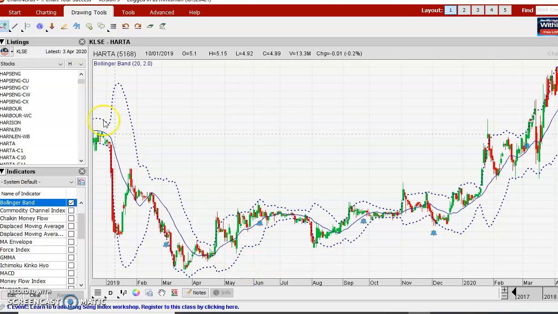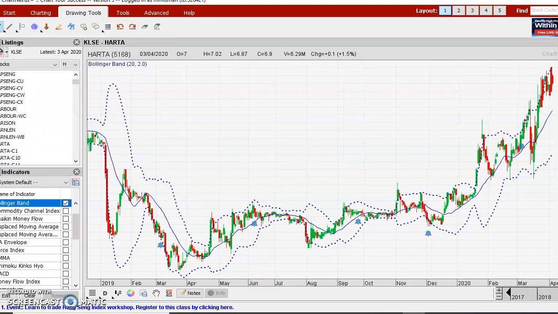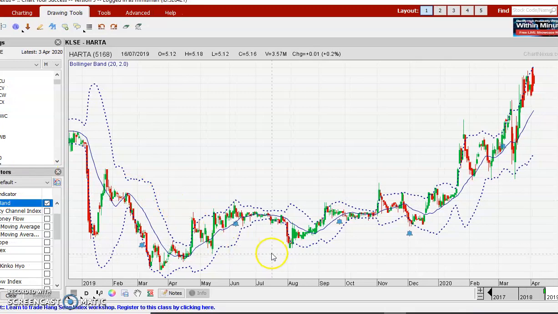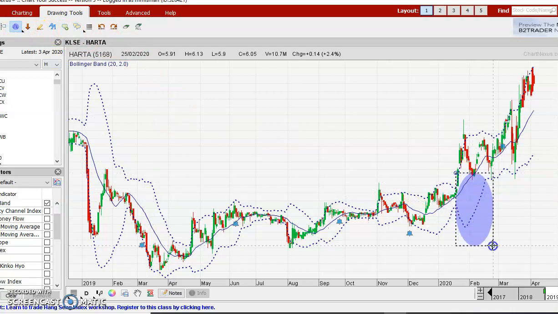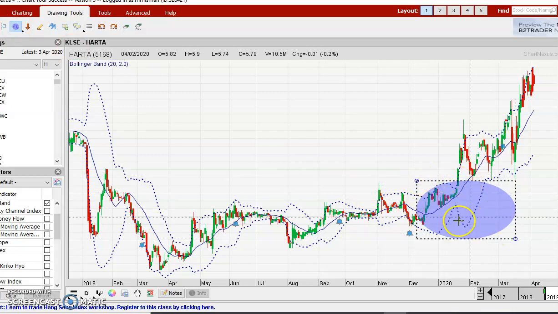So how do we read it in this case? Where is the contraction point? We look for a contraction point. For example, here we can see this is a contraction point.